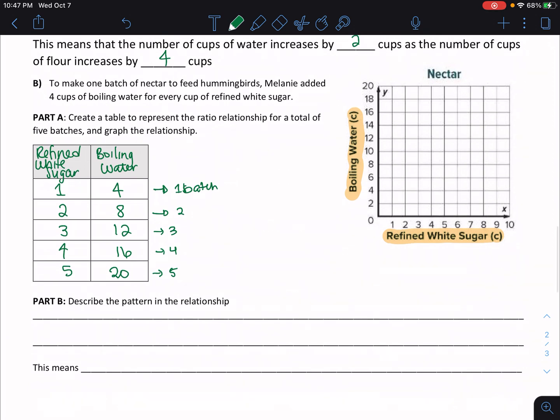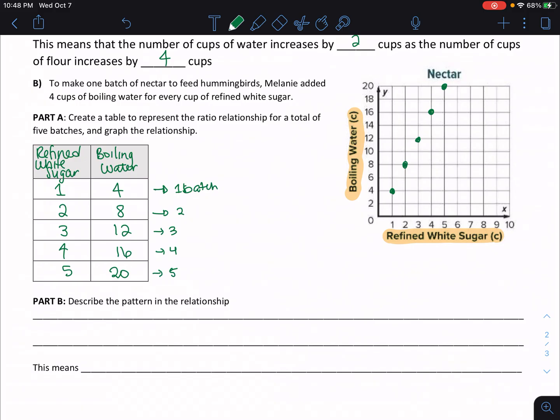Now this time, instead of graphing it for you, I'm going to have you graph it. So I'm going to go over to 1 and then up to 4, over to 2 and then up to 8, over 3 and up to 12, over 4 up to 16, and then over 5 and up to 20.